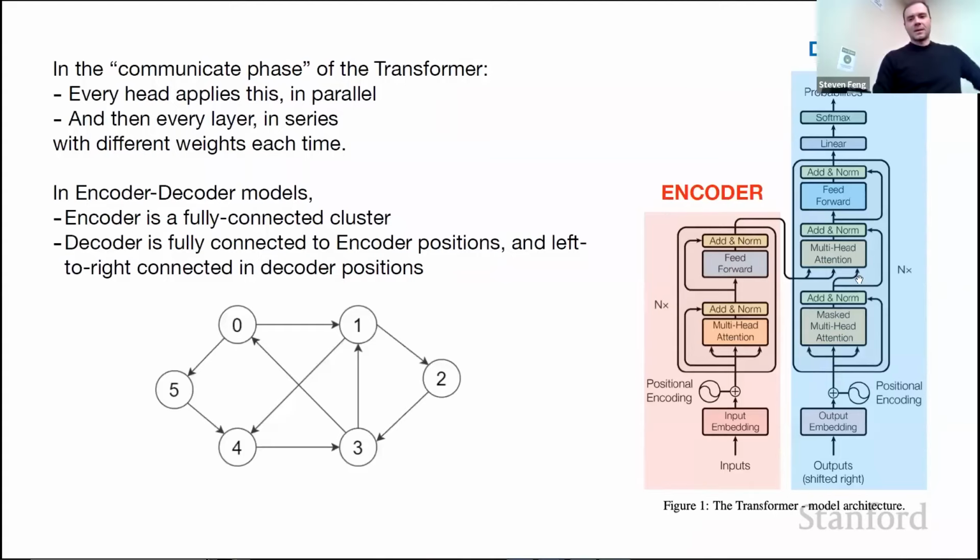So I have my queries because I'm trying to decode the fifth word in the sequence, and I'm looking for certain things because I'm the fifth word. And then the keys and the values, the source of information that could answer my queries, can come from the previous nodes in the current decoding sequence or from the top of the encoder. So all the nodes that have already seen all of the encoding tokens many, many times can now broadcast what they contain in terms of information.